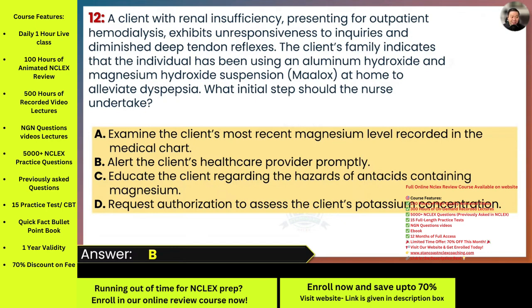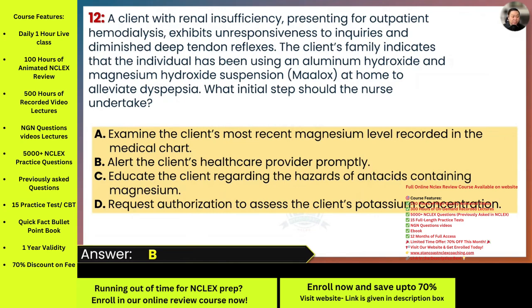So you have to do letter B first. Now, why is C incorrect? We know that education is very important to preventing future occurrences such as this one. But right now, the client is symptomatic, right? Unconscious. And the teaching should happen after the immediate medical emergency has been addressed.